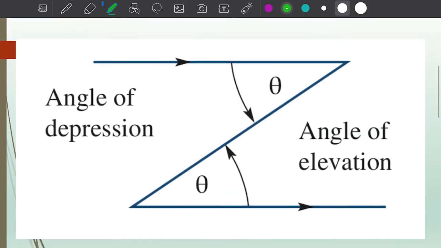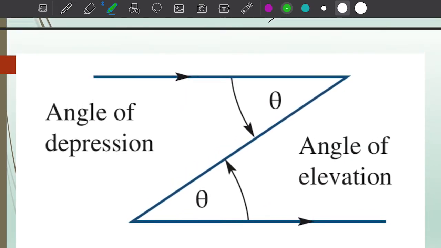So let's do that. This is another way it can be written. An important thing I want to note from this diagram is these are parallel lines. This symbol here tells us that.